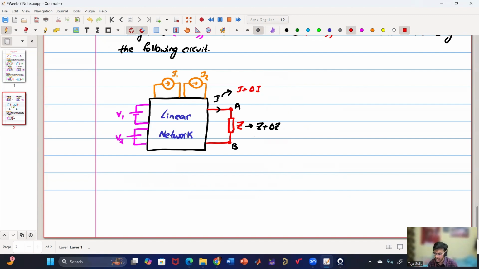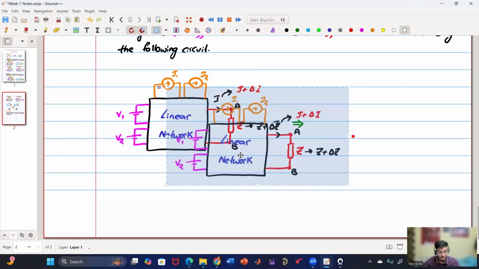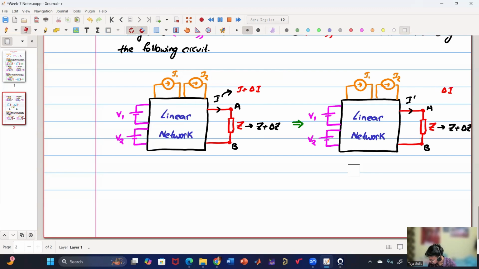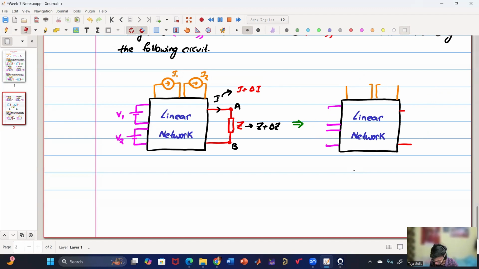So now this delta I can be solved from this equivalent circuit where all the sources will be removed. When we say sources are removed, current sources are open and voltage sources are shorted.